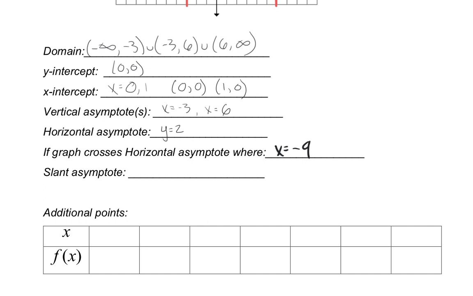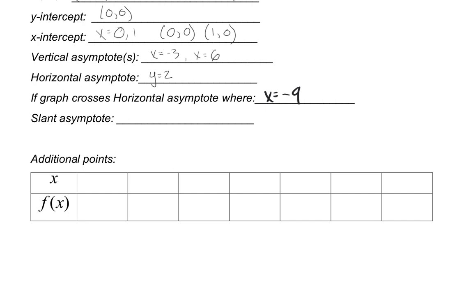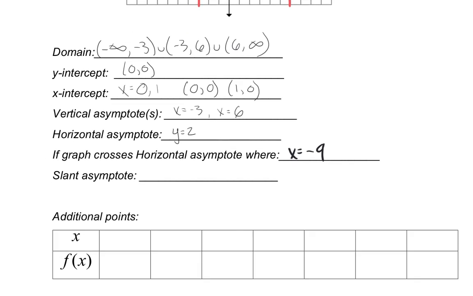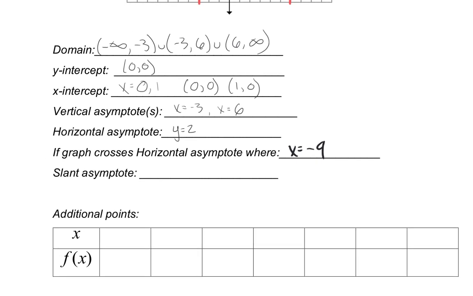Some of the points that I have: it starts at negative 10. At negative 9, I have 2. At negative 4, I have 4.